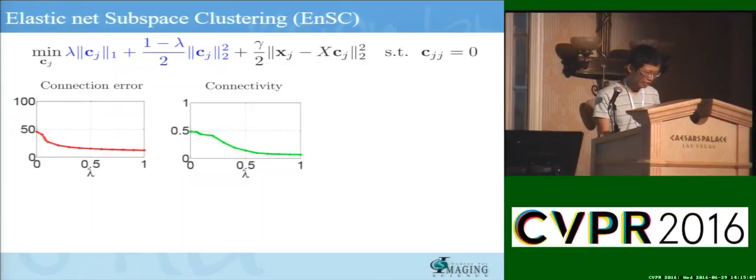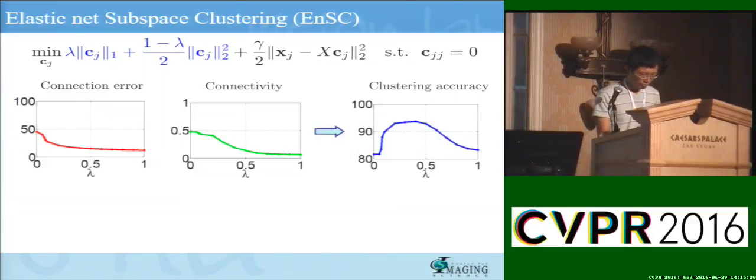In the figure on the right, we show the within-class connectivity, and it can be seen that the highest connectivity is achieved on the other side, where lambda equals 0. So the combination of these two effects gives the clustering accuracy, and as expected, the clustering accuracy is the highest when lambda is in the middle. And this illustrates the effect of tuning this parameter lambda to trade off between these two effects.